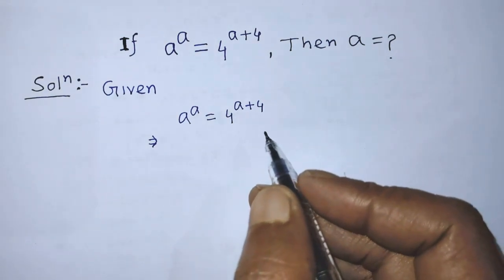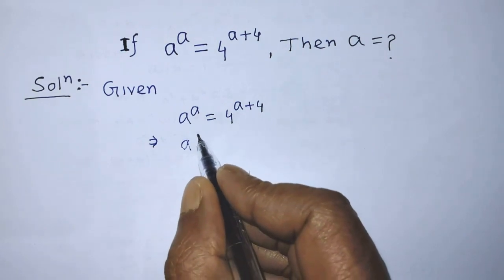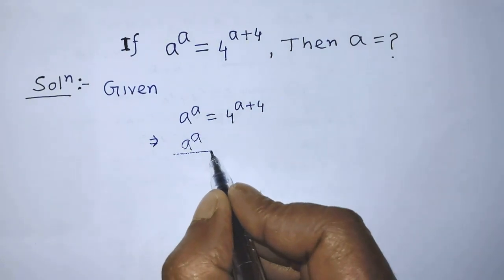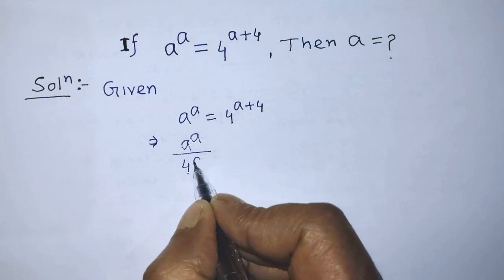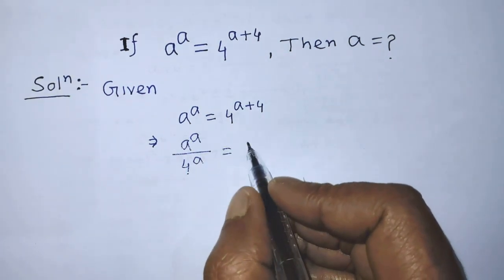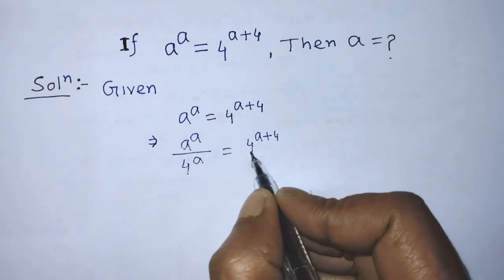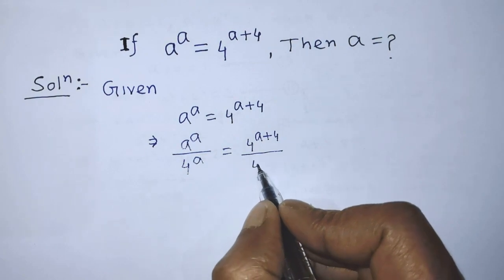So now we can write a to the power a over 4 to the power a is equal to, on the right hand side, 4 to the power a plus 4 over 4 to the power a.